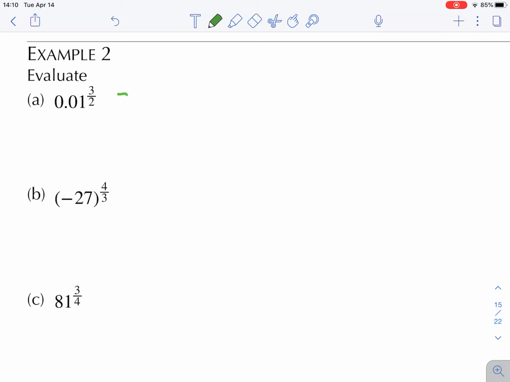All right, so the denominator tells me that I'm going to square root it. So I'm going to have the square root of 0.01 raised to the power of 3. The numerator tells me that I'm going to raise it.